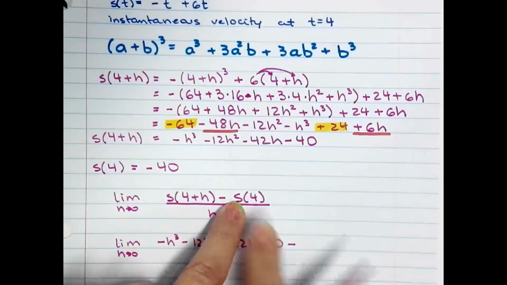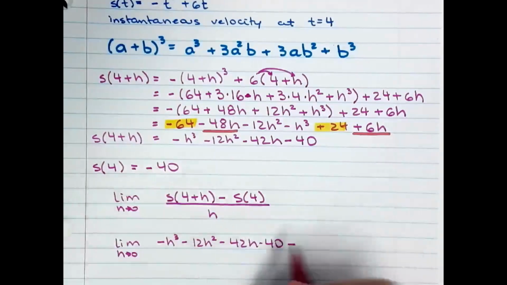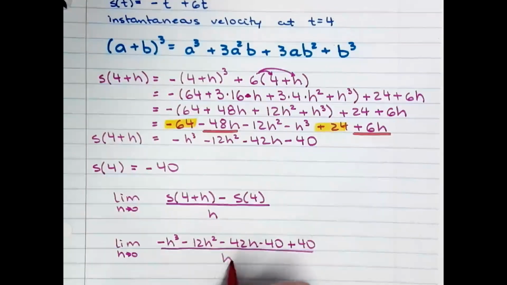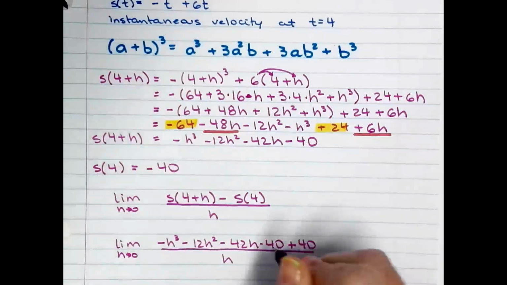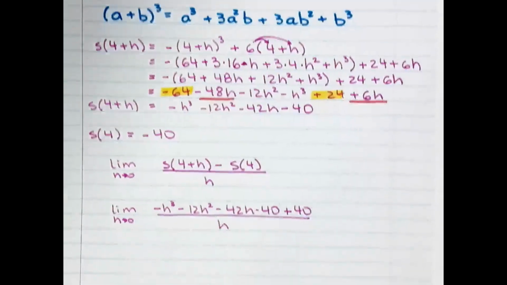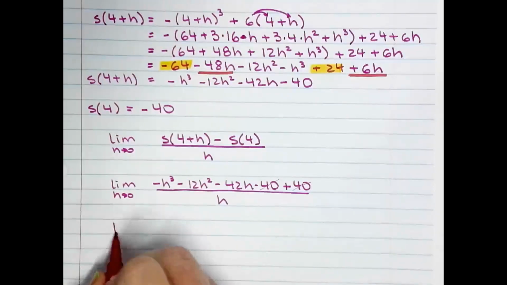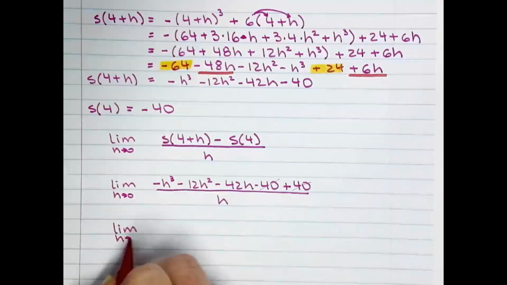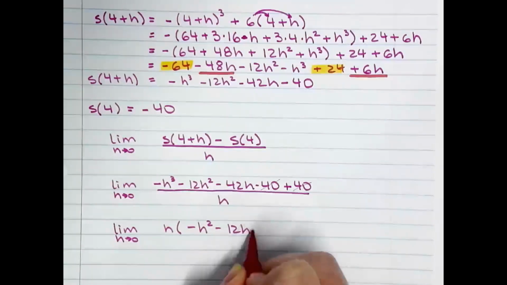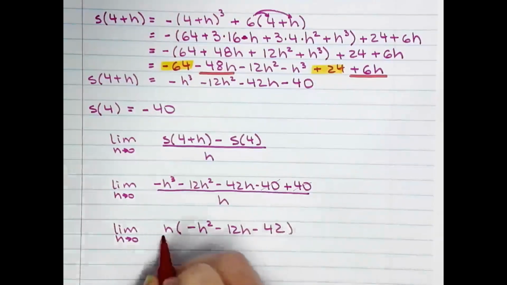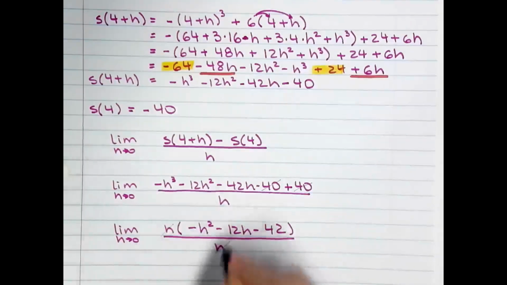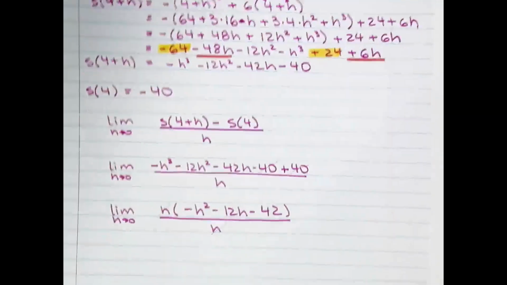Minus, I have negative 40 right there. Everything over h. When you add these two together, you have 0. Factor h out. Simplify h. When you divide, you get 1.